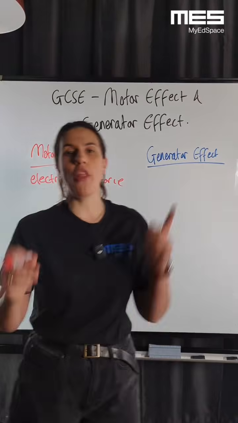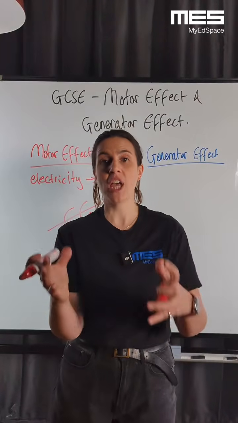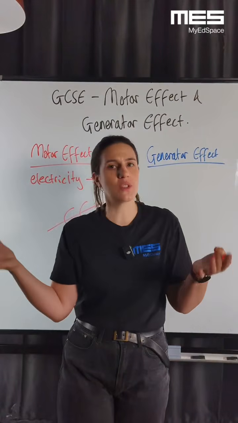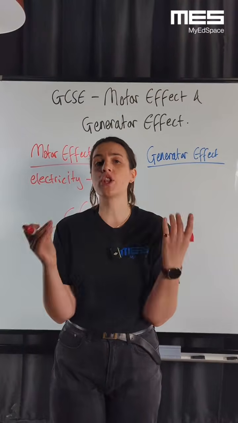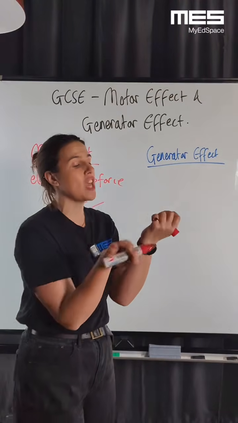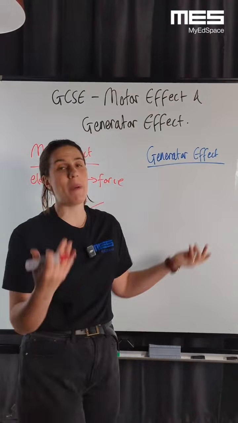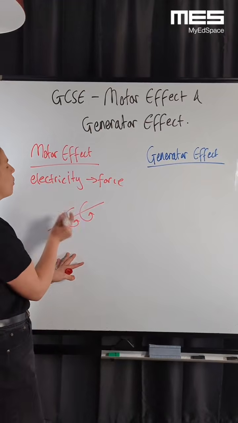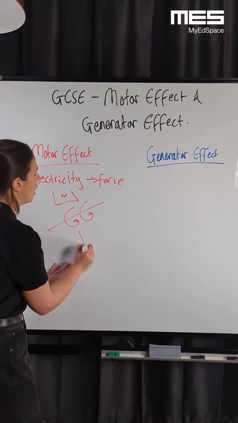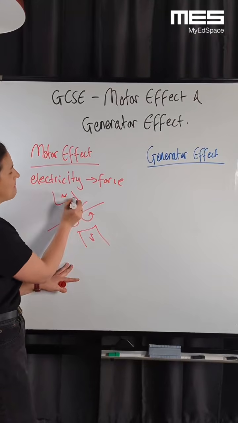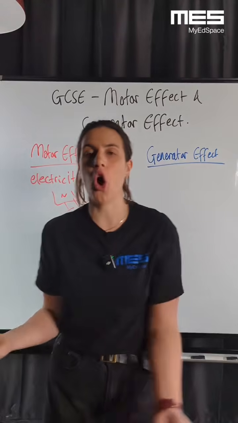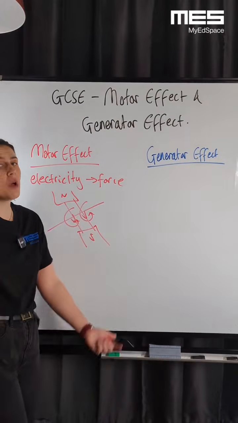If we put this wire with its magnetic field into a permanent magnetic field, the two magnetic fields interact, just like we know that two normal magnets would. If we put them close to each other, they'll attract or repel or do something. Exactly the same thing is going to happen here between the wire and a permanent magnetic field. We get a force on this wire, and that's all the motor effect is.